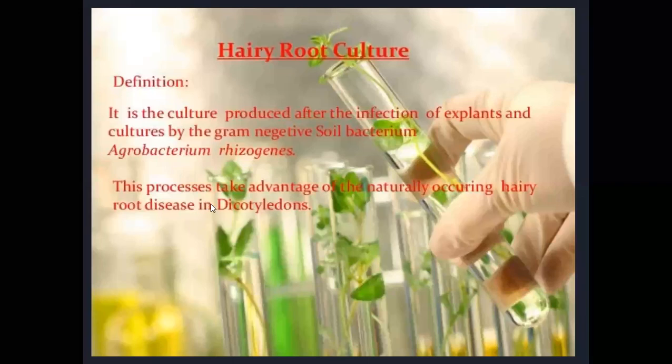Some plants rapidly produce secondary metabolites like chemicals, alcohols, phenols, phenolic acids, and other types of chemicals also produced by the roots. The specialized chemicals are collected from the roots. The roots are developed by hairy root culture by adding the gram negative soil bacterium, also called Agrobacterium rhizogenes.